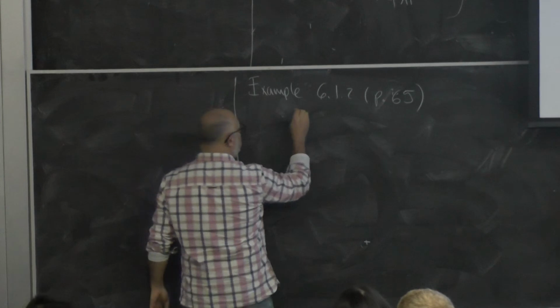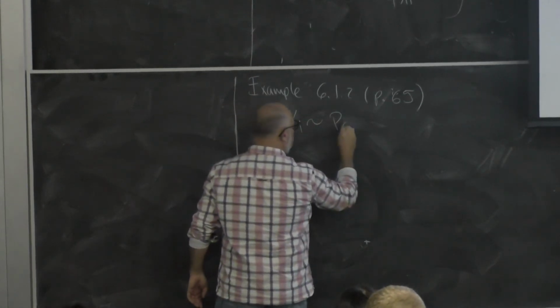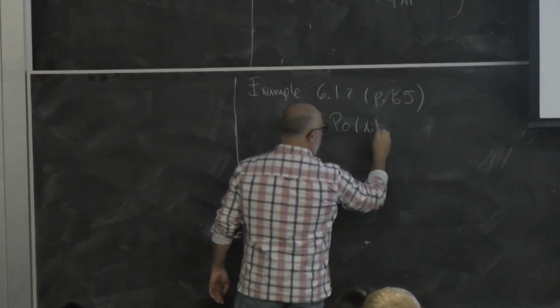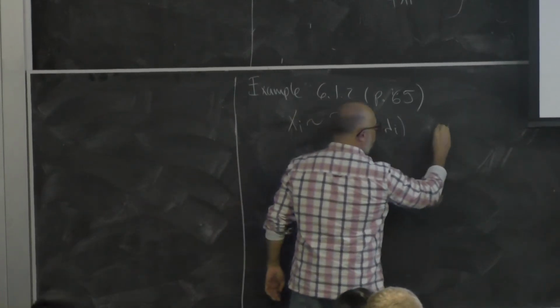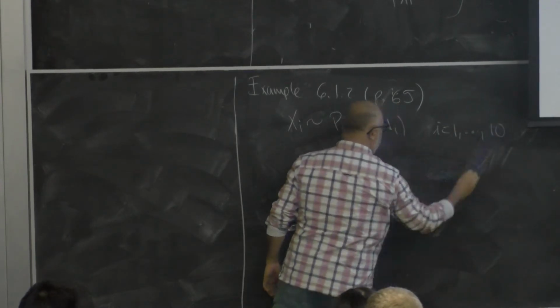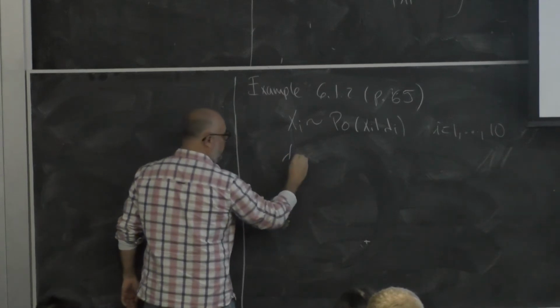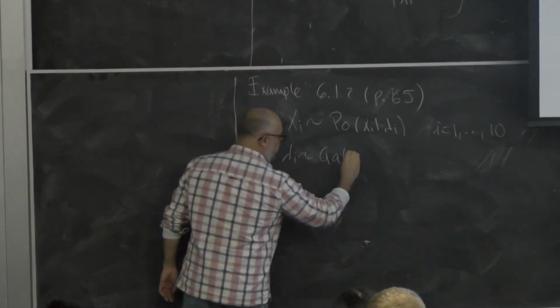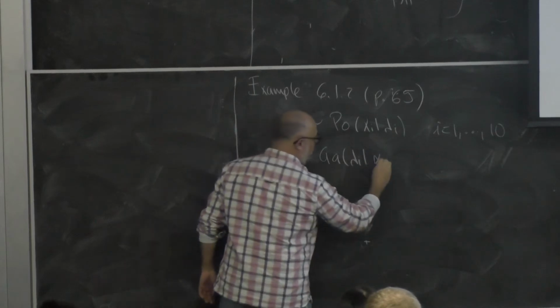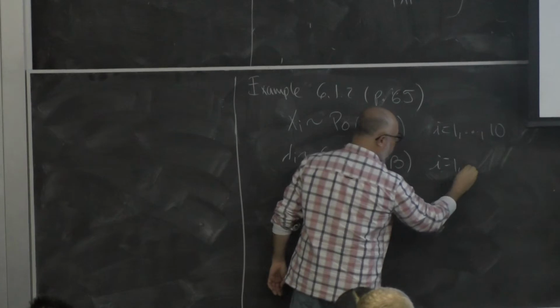So we have each xi coming from a Poisson distribution with parameter lambda i, and we have 10 of those. We will assume that lambda i comes from a gamma distribution with parameters alpha and beta, and we have the same number of those.